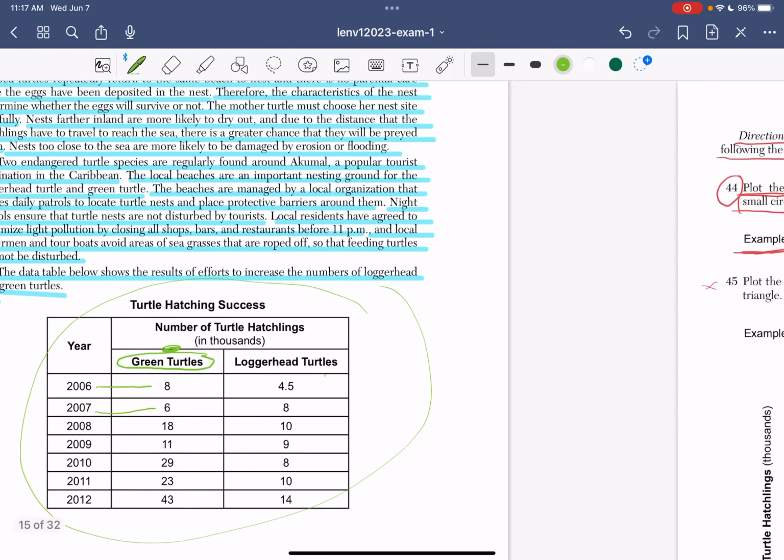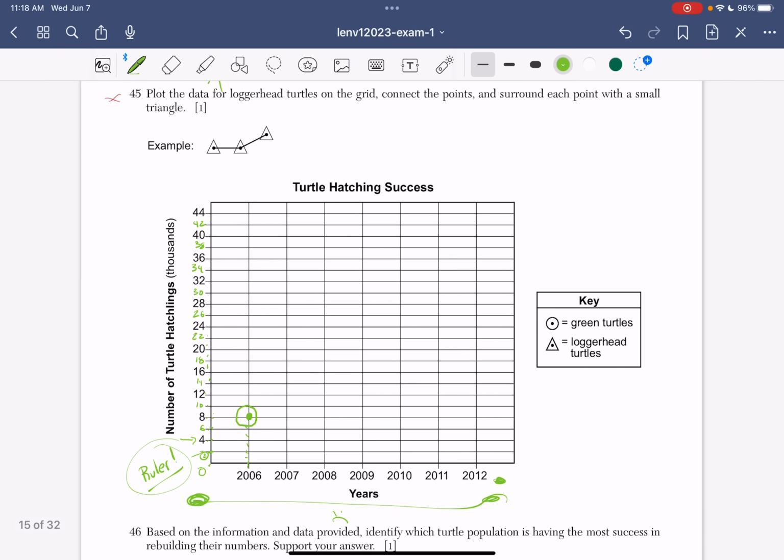Okay, 2007 is 6. 2007, here's a trick. 6 is right here on 2007. If you didn't do this, you might have gotten nervous and guessed. And you know, another thing, you just want to make it as accurate as you can, because it's going to get worse, guys.